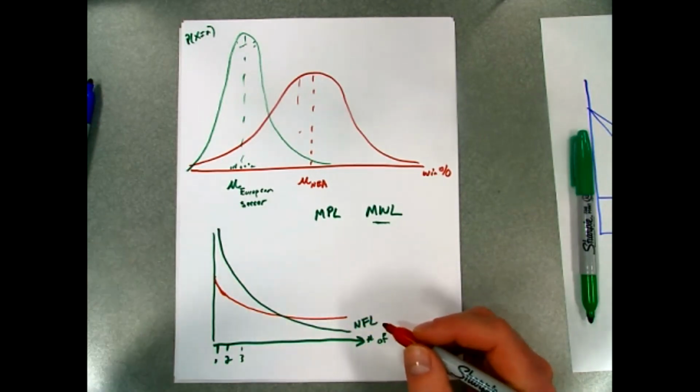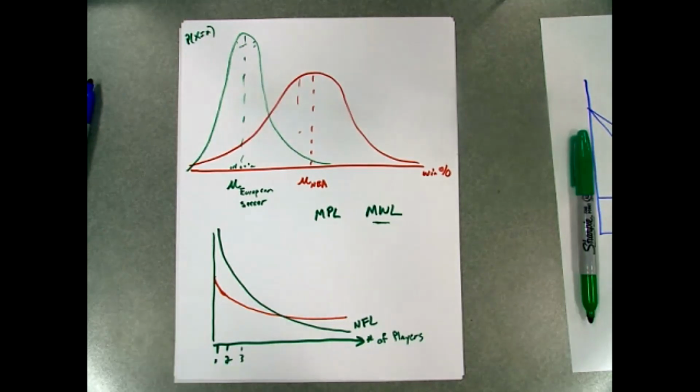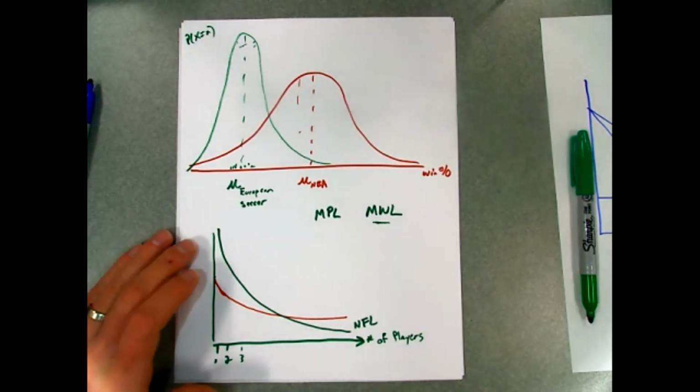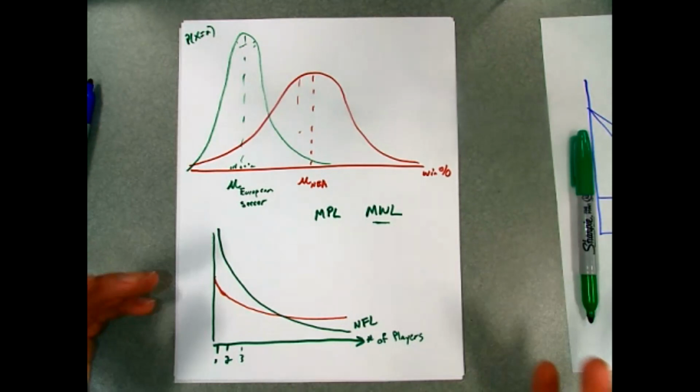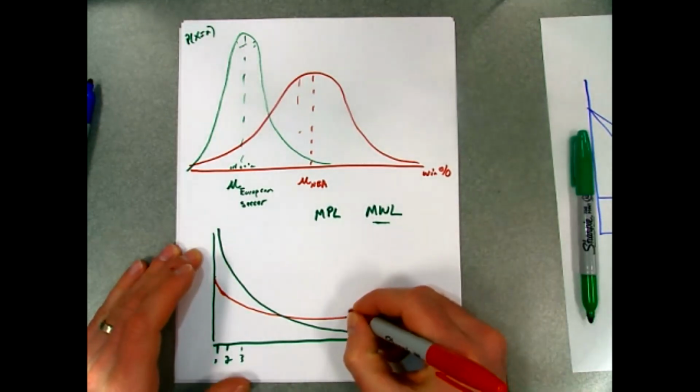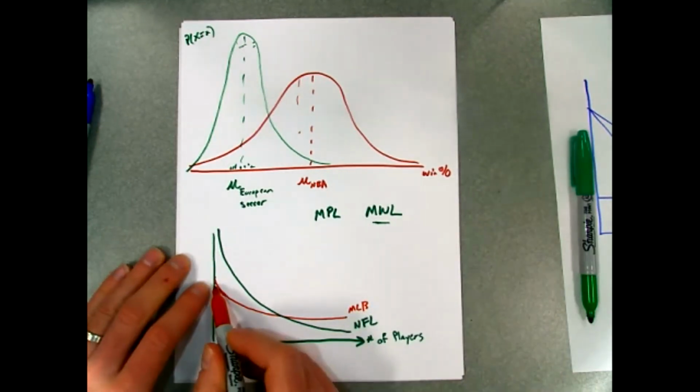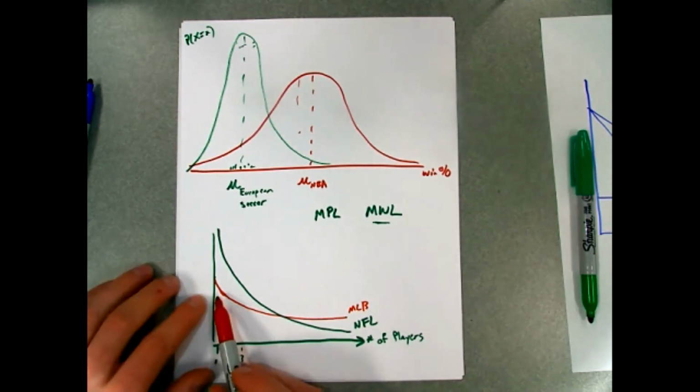I don't even remember how many rounds; it's a ridiculous number of rounds in Major League Baseball's draft. But you can look at the 5th or 6th round, and they're still drafting players who become pretty productive, right? And so maybe in Major League Baseball, that drop-off in talent at the top isn't nearly as much.